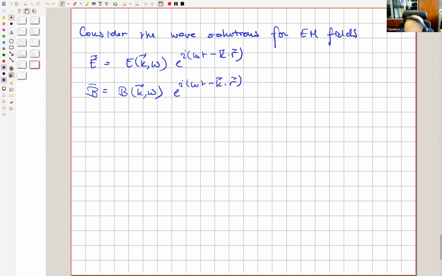Now again, remember, physical solutions are taking the real part, where in this case we've assumed E and B to be complex.